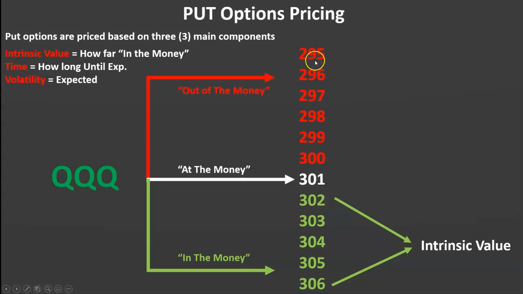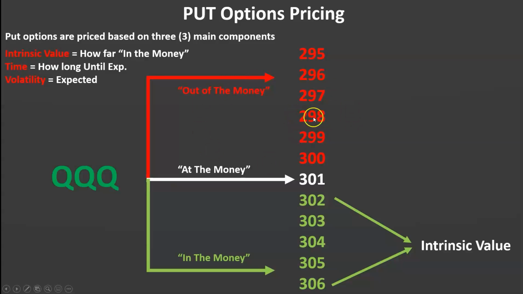Because you bought the right to sell QQQ at $295 when QQQ was trading at $301. And because that really didn't have any value at the time, you paid pennies on the dollar for this right. But now QQQ is trading at $290 and you still hold the right to sell it at $295. Now all of a sudden this becomes very valuable. That's how options go up in value and down in value.